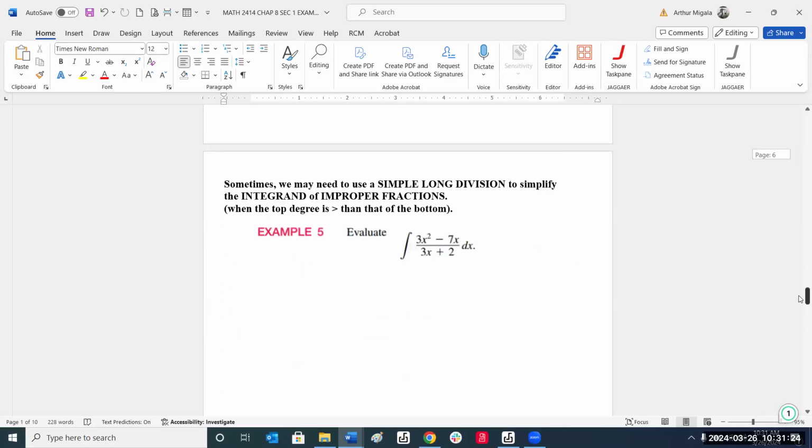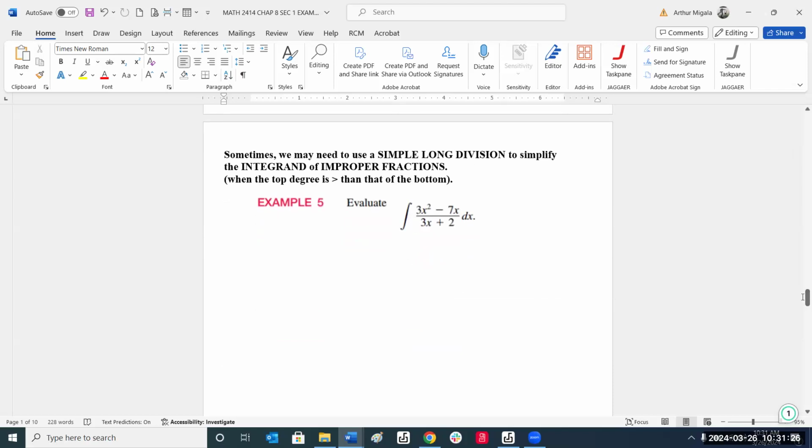Yes. So now let's do number 5. Sometimes we need to use simple long division to simplify our integral. Again, when do you use this? Well, let's look at this.